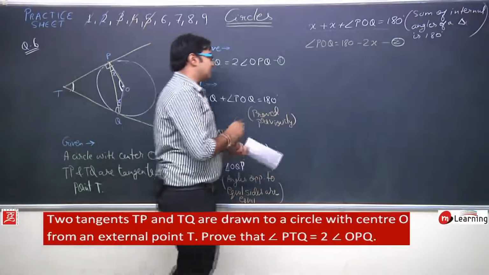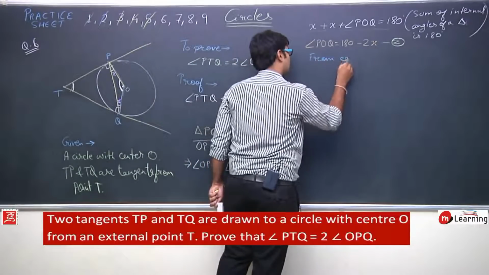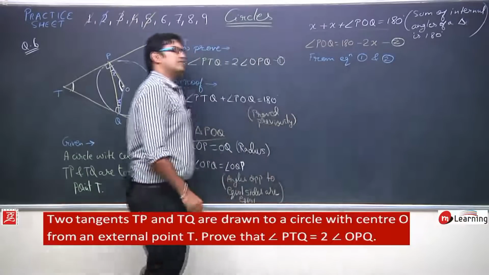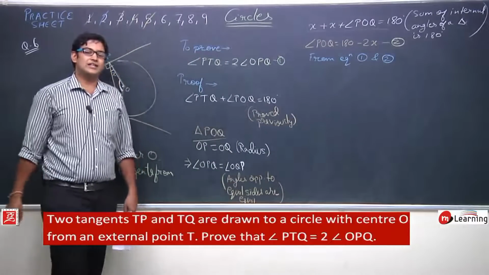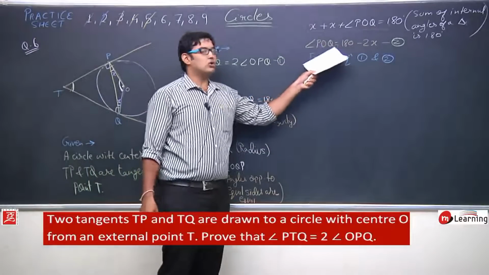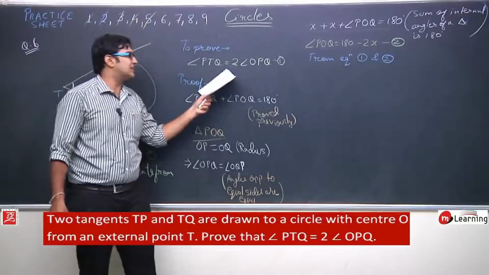So, from equation 1 and 2, try to observe very carefully that this angle POQ can be substituted as 180 minus 2x in this relation.